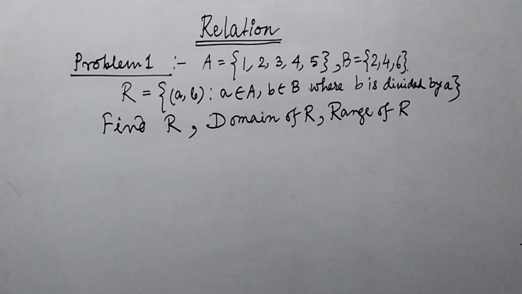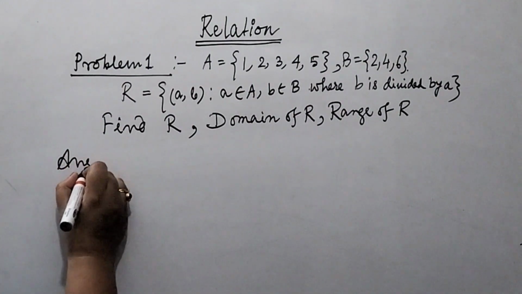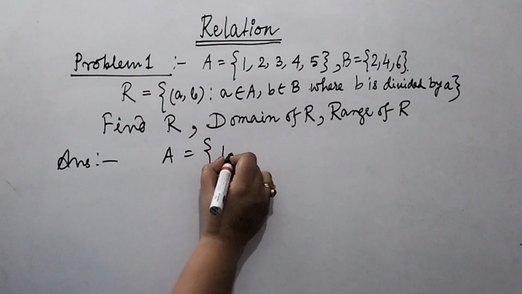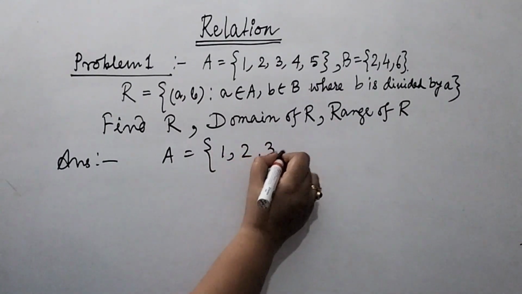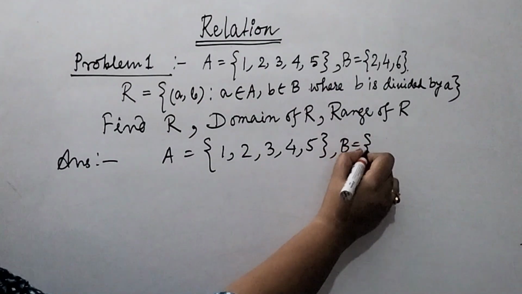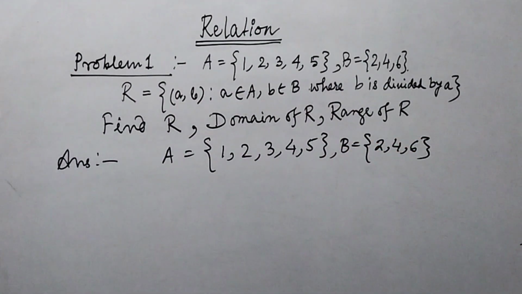So now let's see what will be the structure of R here. A is containing 1, 2, 3, 4, 5. B is containing the elements 2, 4 and 6. So what are the elements of A cross B, students? Hope you have already got it. That is the Cartesian product.